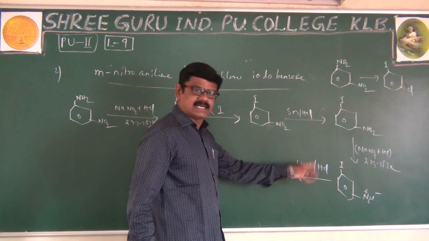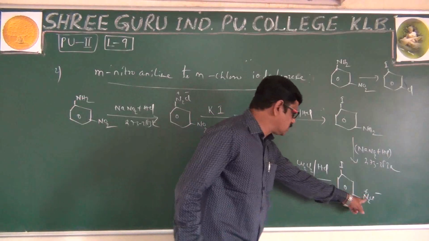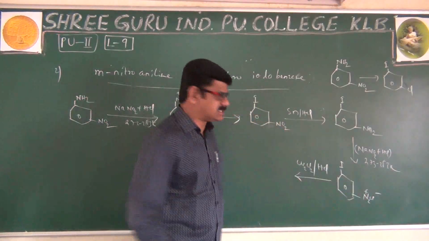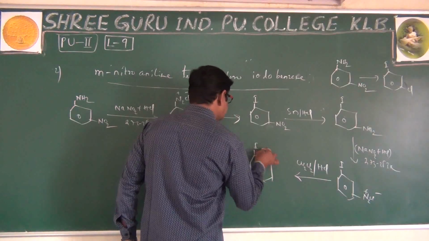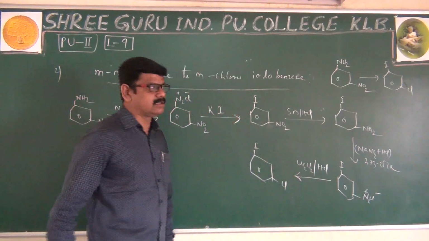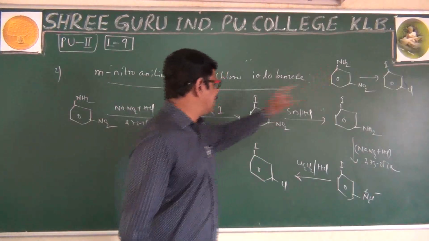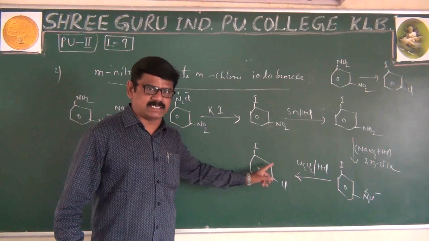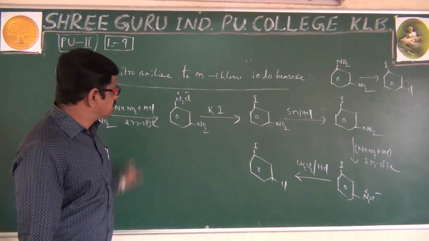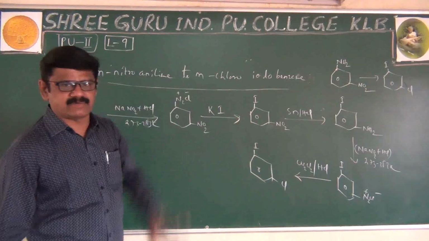Cu2Cl2 or CuCl, it doesn't matter. Then the diazo group is replaced with Cl. Therefore, the final structure should be like this. That's all. Metachloroiodobenzene has formed. These are the steps involved in this conversion.